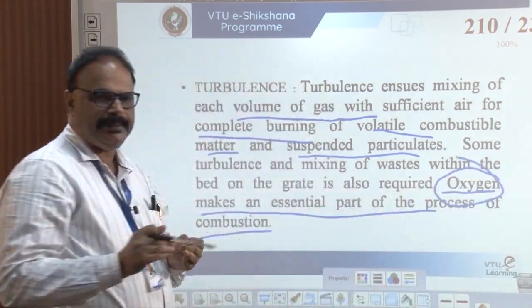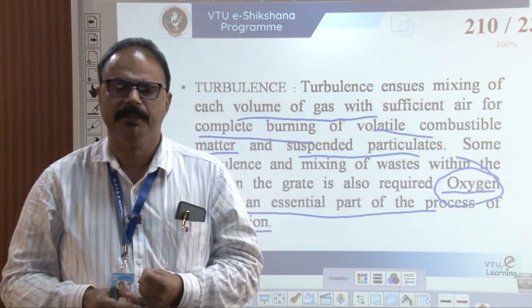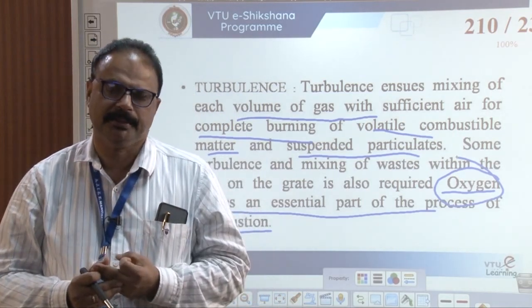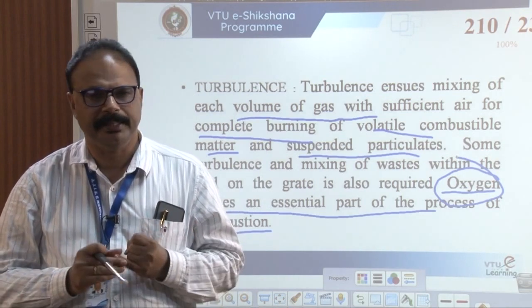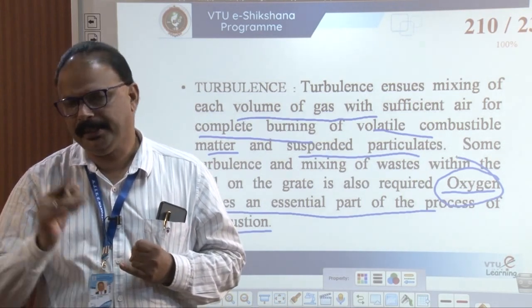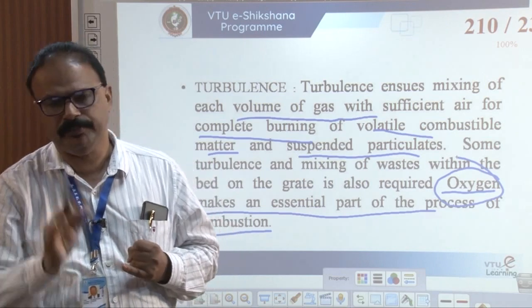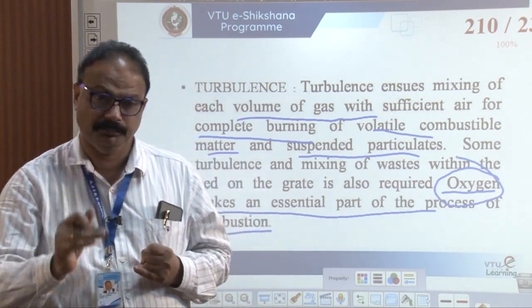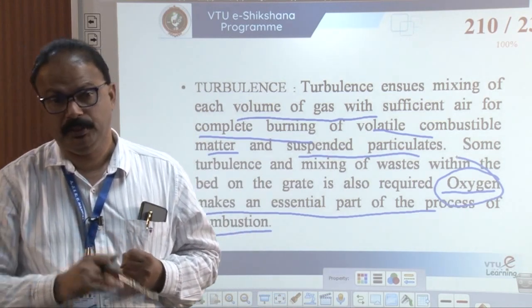See, the 3T: first one is time, second one is temperature, third one is turbulence. Time is how much time is required for complete burning of the waste, 100% burning.